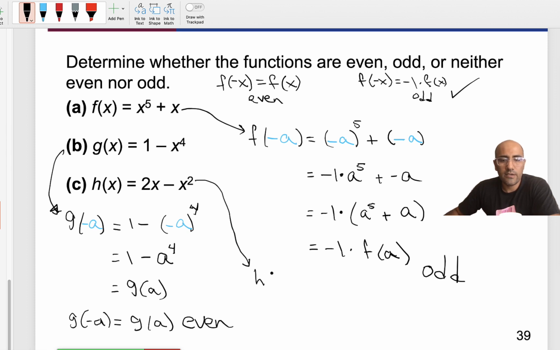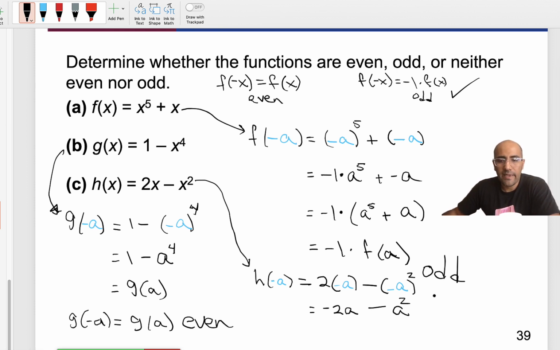Good. Questions? For this one, h of blank equals 2 times blank minus blank to the power of 2. So again, we're going to replace the input variable x with negative a. And we end up with negative 2a minus a squared.